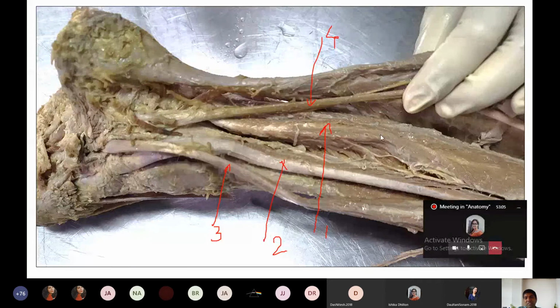But seeing its relation here, which you have done before during the dissection time, now you have to remember and identify this structure. Even though it's going medially, here in the leg it lies laterally. So this one is the flexor hallucis longus. This muscle is the flexor hallucis longus.